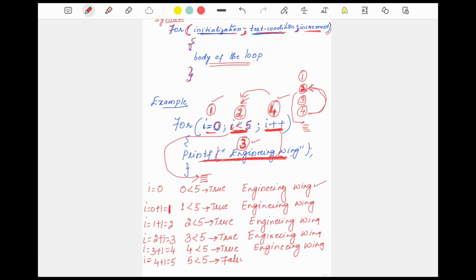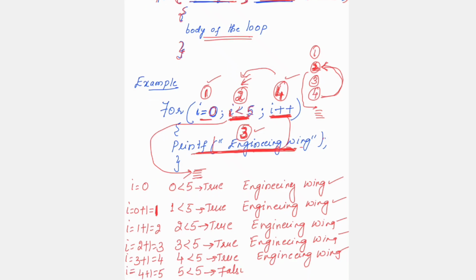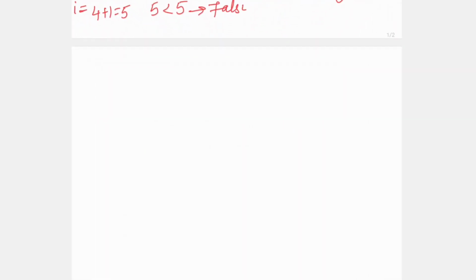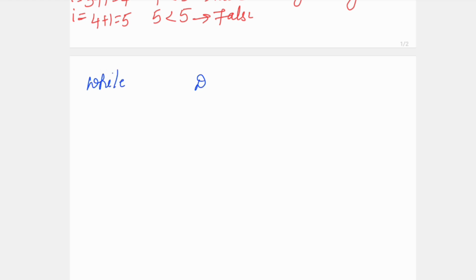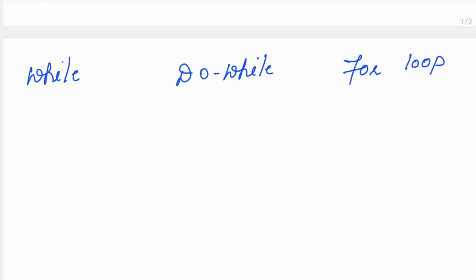So how many times have we printed? 5 times we have printed this statement. So this is how the for loop works. If you want to make a comparison between these 3 loops, while, do while and for loop, if you want to write the same program, I am just writing here, printing any sentence 5 times. For while, first you are initializing I equal to 0.